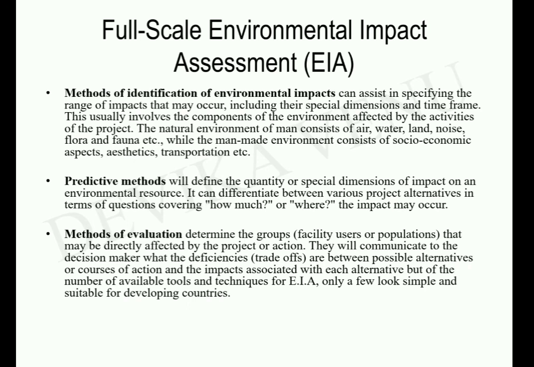The third one is methods of evaluation. Methods of evaluation determine the groups that may be directly affected by the project or action. They communicate to the decision maker the deficiencies and trade-offs between possible alternatives or courses of action.